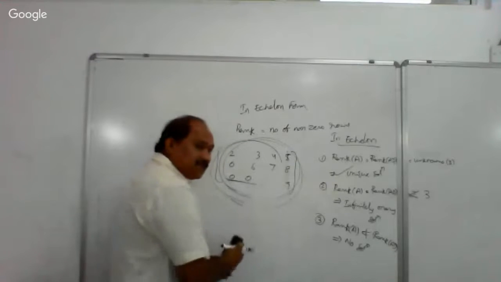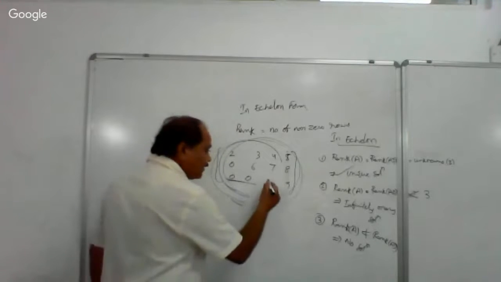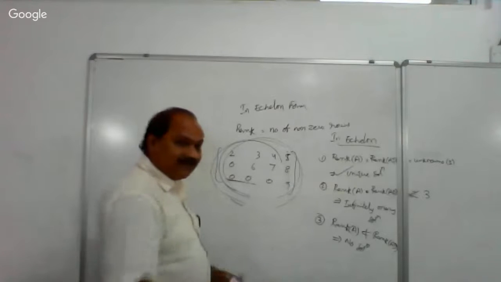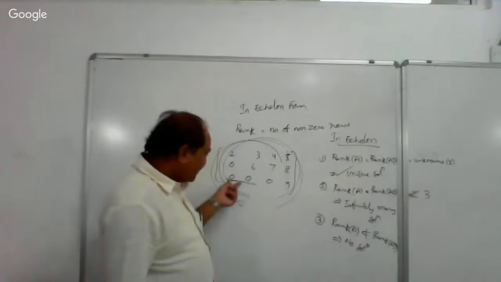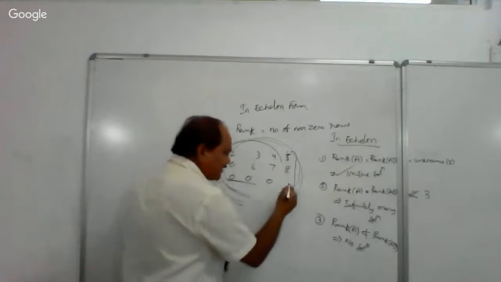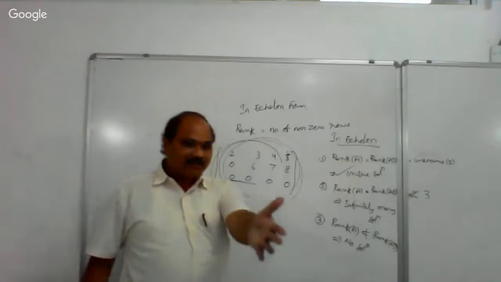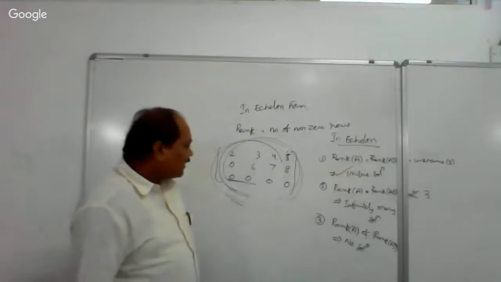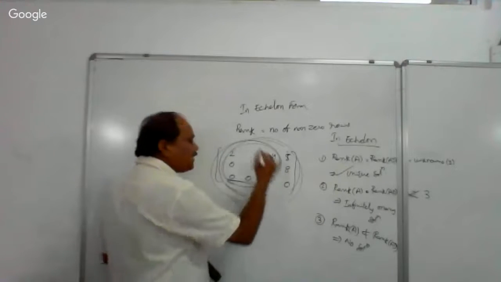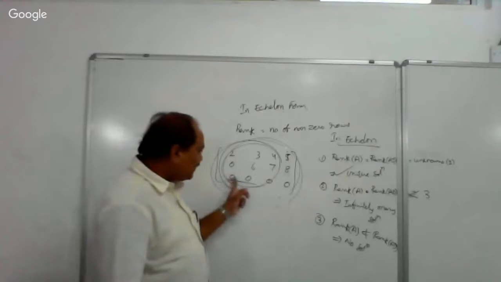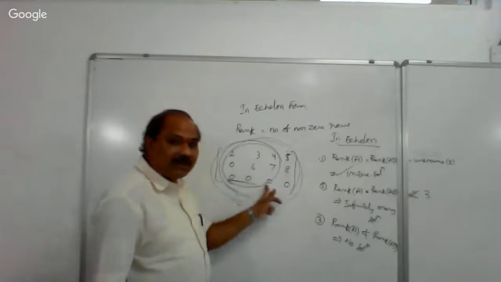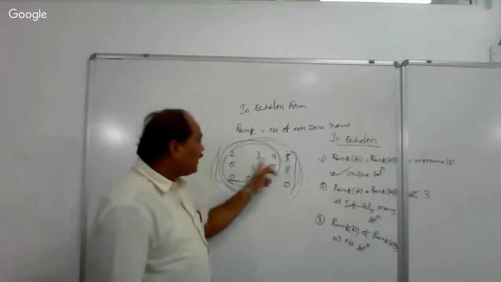Suppose in another problem, what is the rank of the coefficient matrix? It is 2, because one is a zero row and the non-zero rows are only 2.